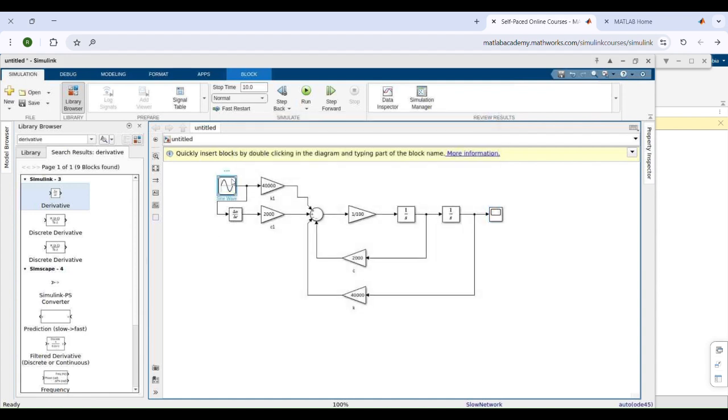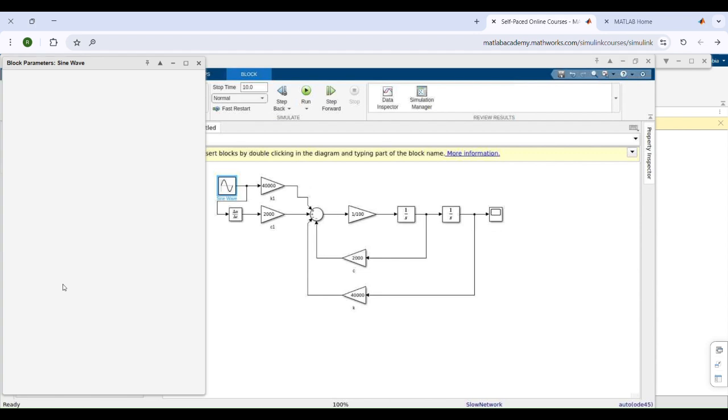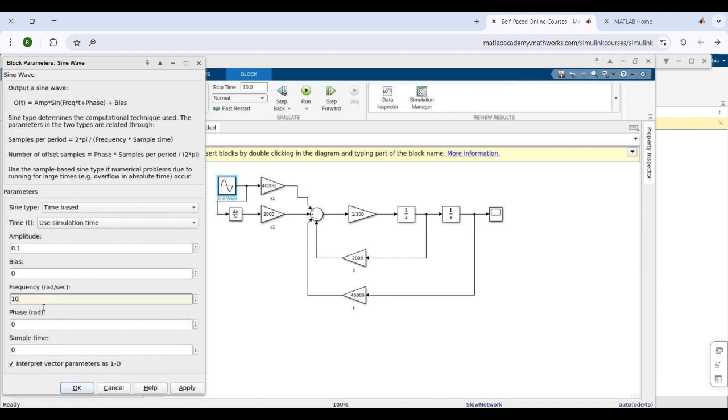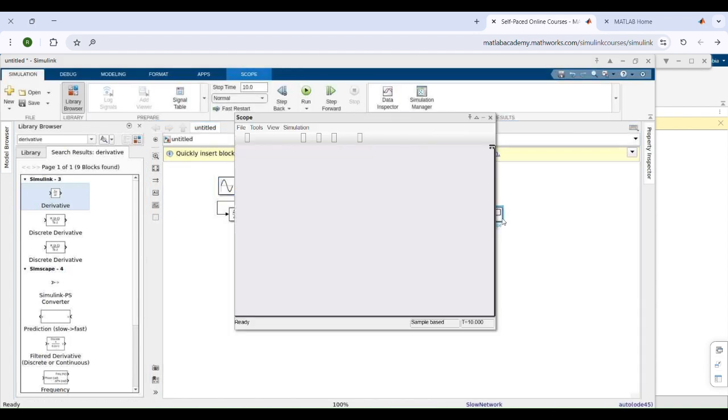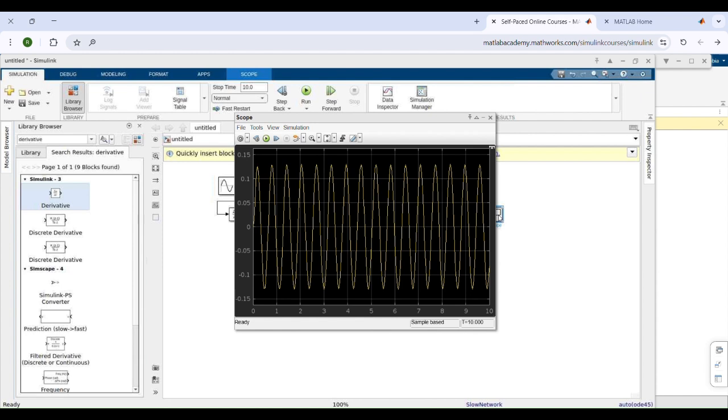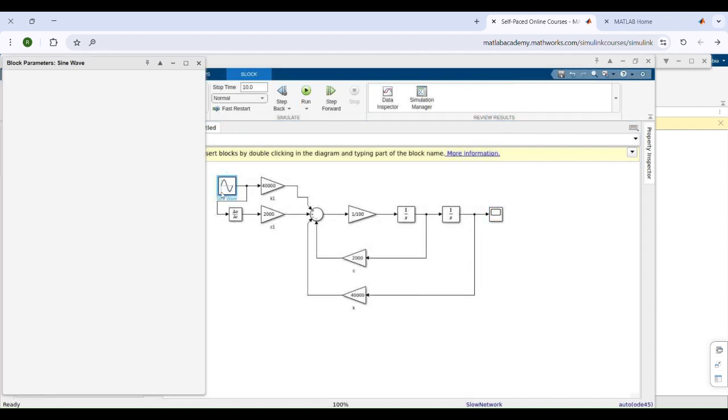So go to 10. More organized than before. And let's go to 19.